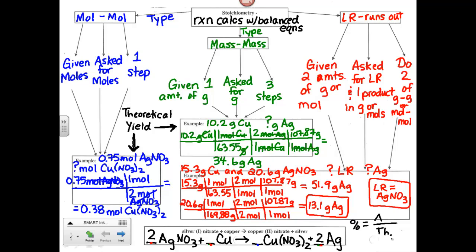The actual yield on the top would have to be given in the question, usually with some keywords like actually collected or is collected. And then of course, to make that a percent, you have to times by 100.